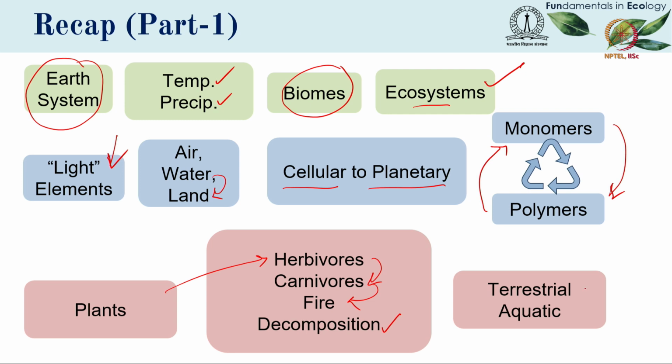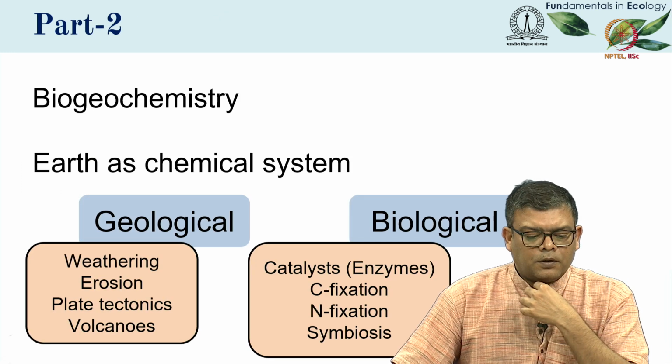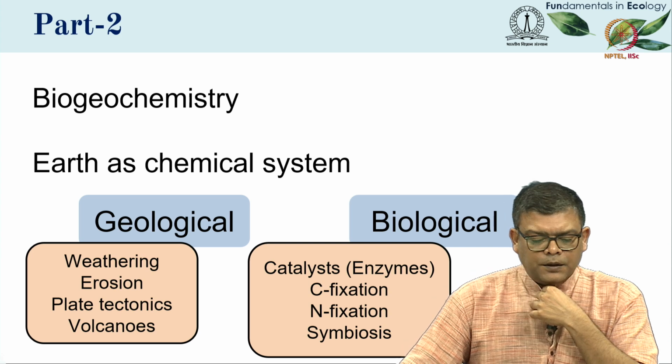And we also looked at some terrestrial and aquatic differences. So terrestrial ecosystems such as forests have large bodied producers and small bodied consumers, and it's reversed, or inverted, in water.